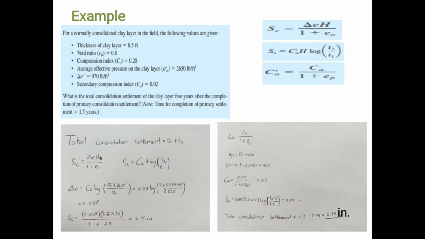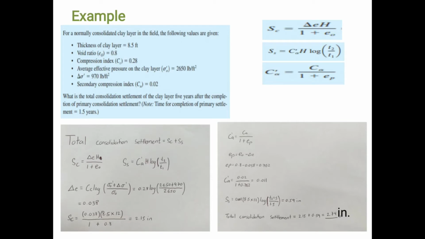Then distribute the values, we have 0.038. Now we can get the primary consolidation. Distribute the value: 0.038 times 8.5 times 12 over 1 plus 0.8. Then we have 2.15 inch for primary consolidation.